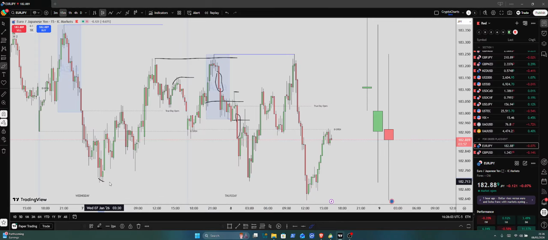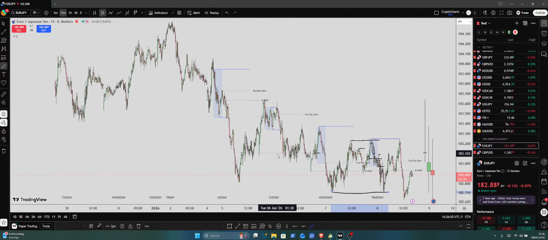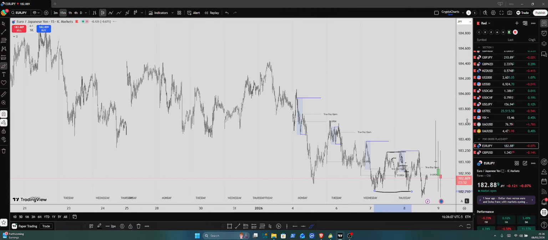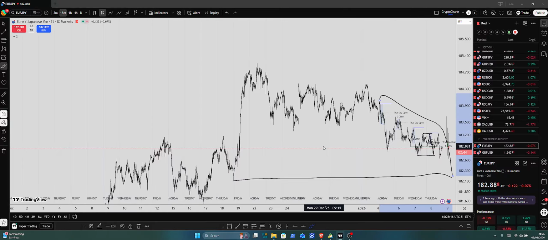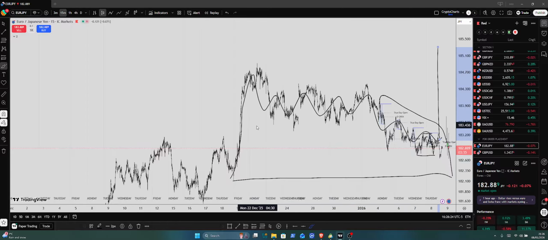Now my target was meant to be here, but I think I was a bit too greedy and I had set it a little bit lower. I had set it all the way down here because I thought this market would eventually fall. Currently it's in this massive retracement cycle where you could see a move to the upside quite aggressively.